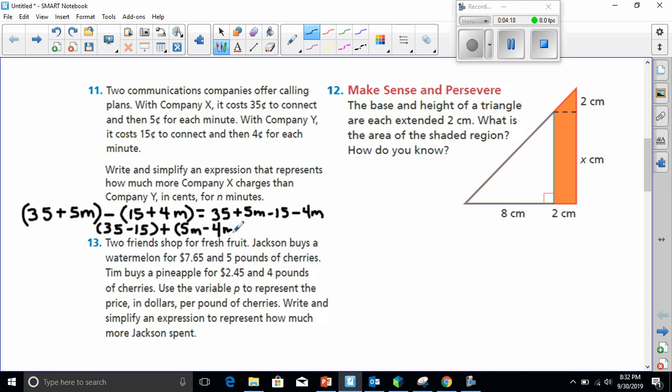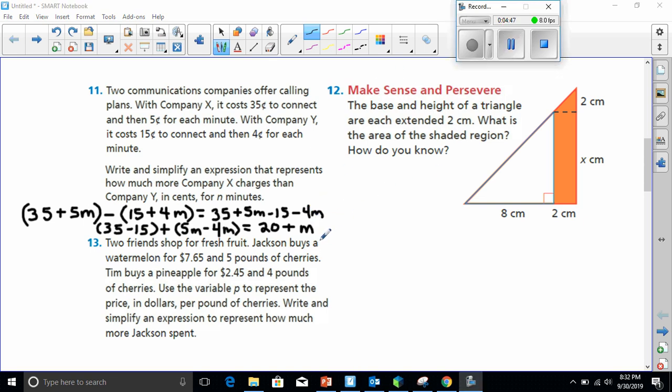Now I'm ready to go ahead and do my math. Well, 35 minus 15 is going to be 20. And 5 minus 4 is 1, so that's going to be 1m. So 20 plus m. So I guess my answer would be it's 20 plus m more.